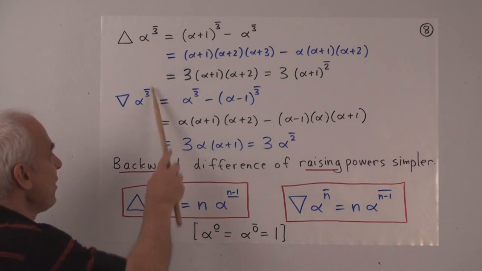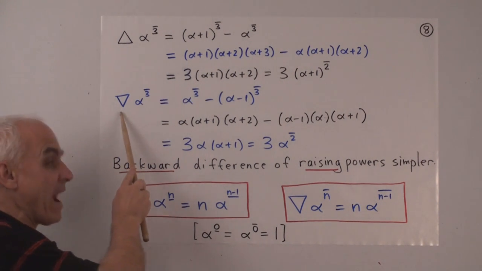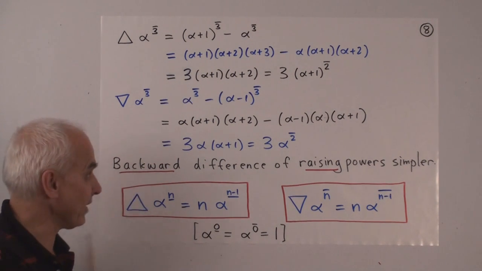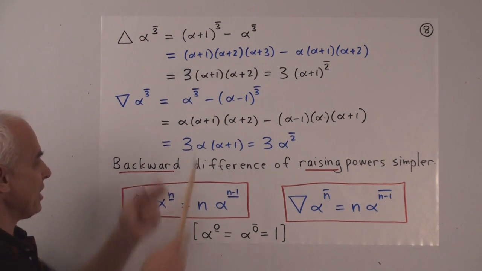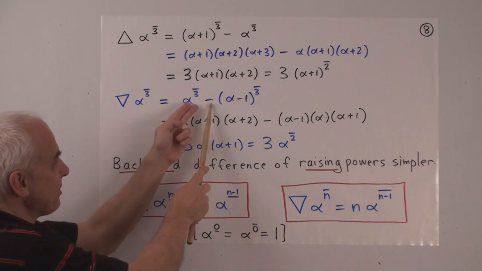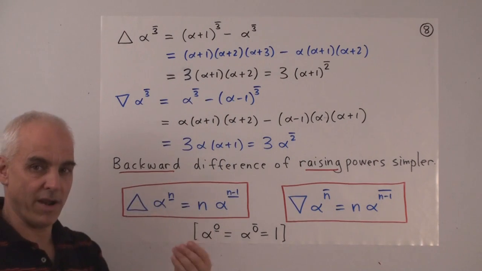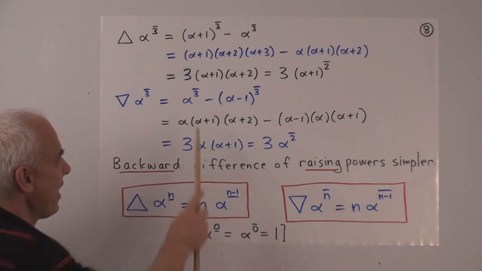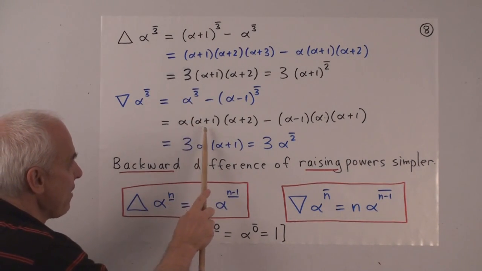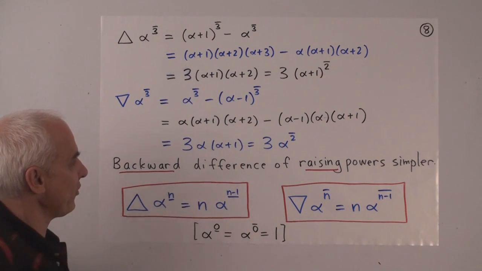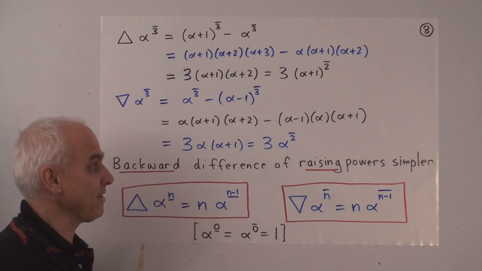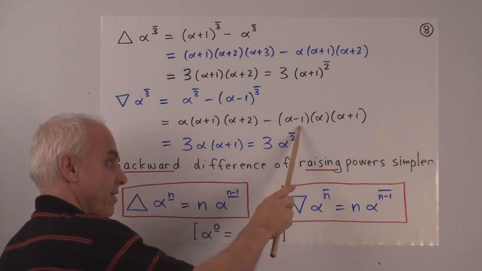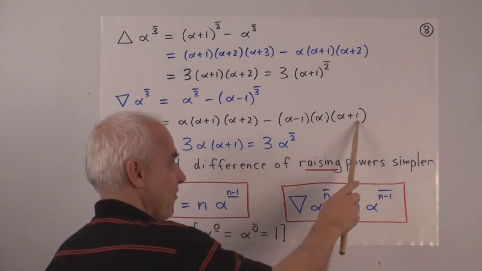Now let's take the raising power and apply the backwards difference operator to it. What does that mean? It means we evaluate it at alpha and we subtract the value at alpha minus 1. Alpha to the 3 raising, there it is, alpha plus 1 times alpha plus 2. Alpha minus 1 to the 3 raising is alpha minus 1 times alpha plus 1.